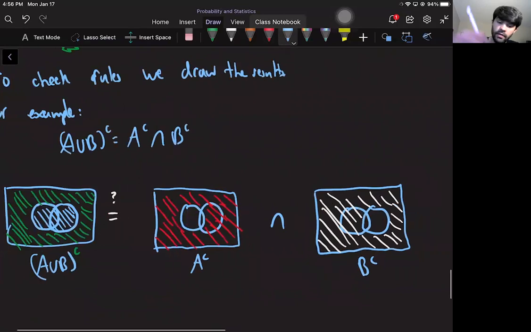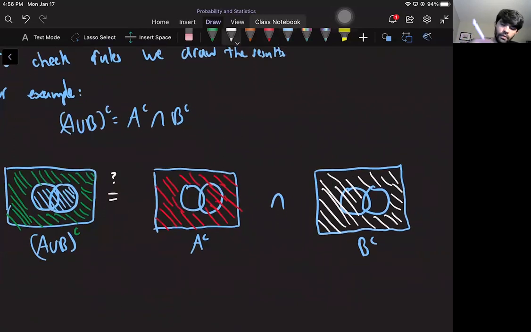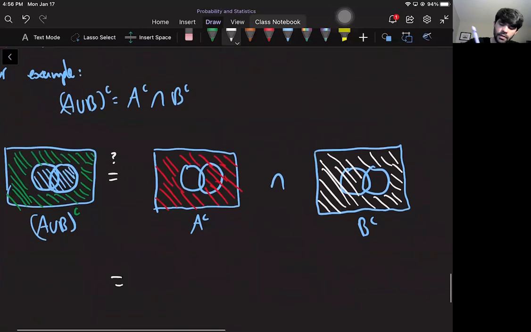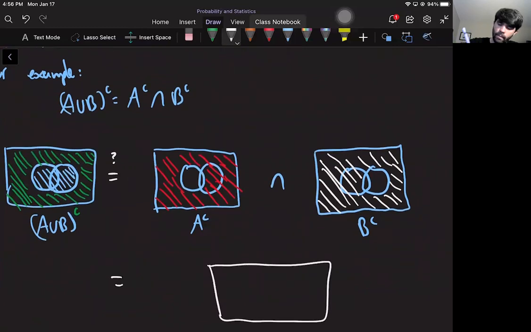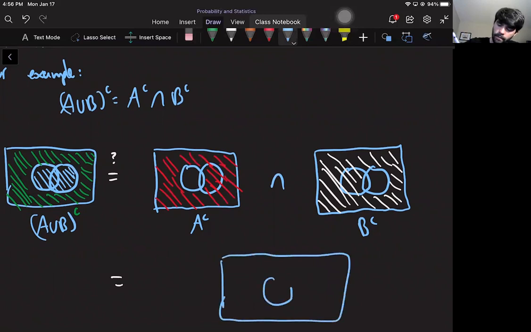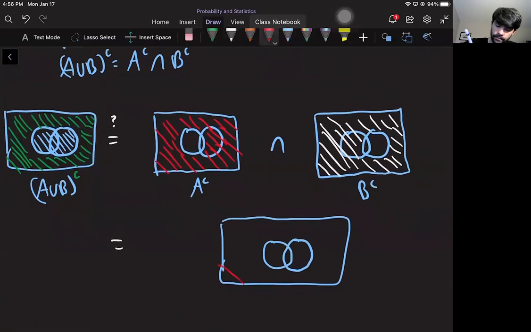So I just want to shade the stuff that's in common to both. And yes, it is going to be the same as the green stuff. So let me actually do the same color, sorry. So just to be very careful, if I overlay the red and the white, and then I say, let me have them doing sort of crisscrossing so it's easier to see.